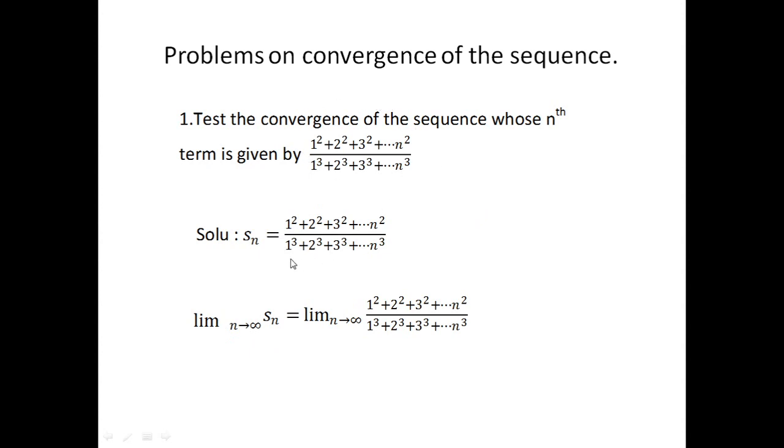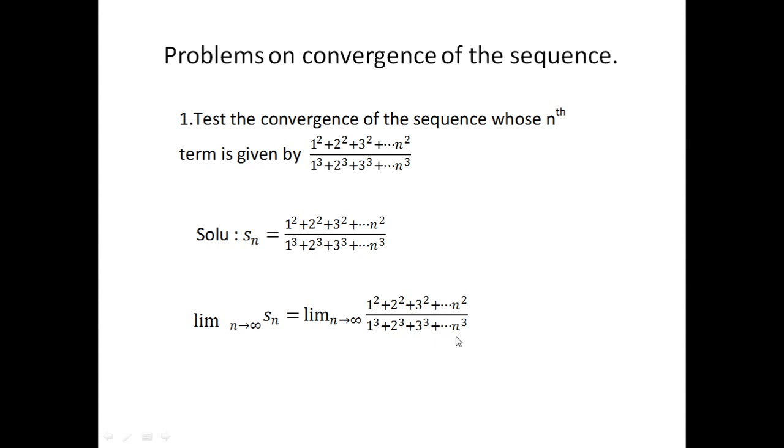Call this nth term Sn or Xn, whatever it may be. Find the limit value. Limit of Sn is equal to the limit of this expression. Don't give the limit value directly at this stage, because we have the infinity by infinity indeterminate form.